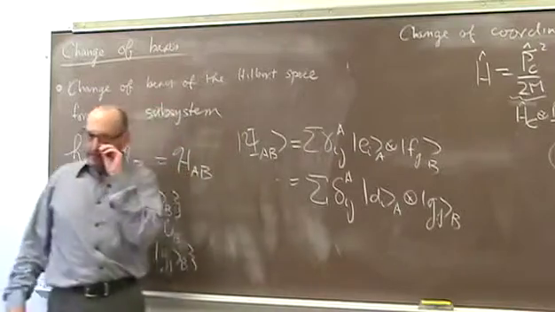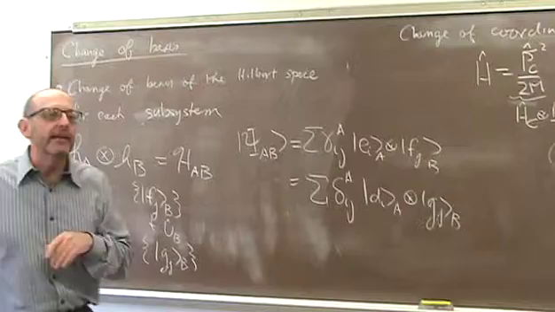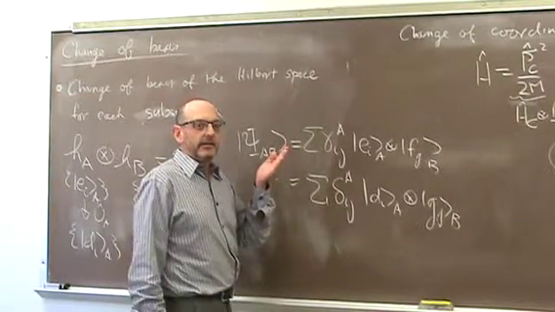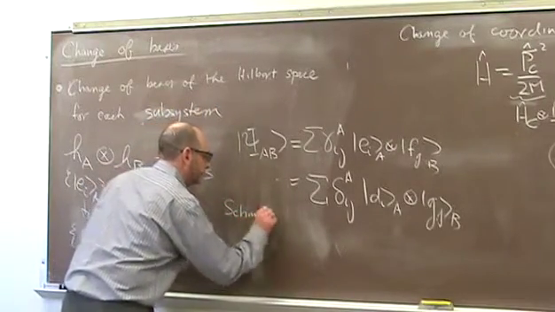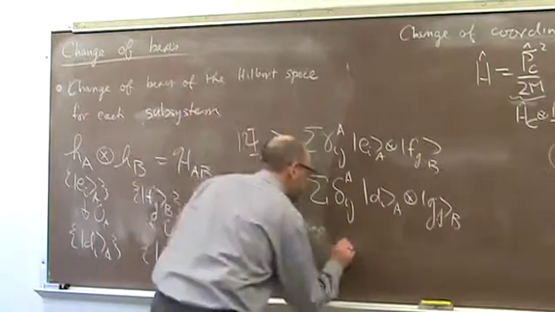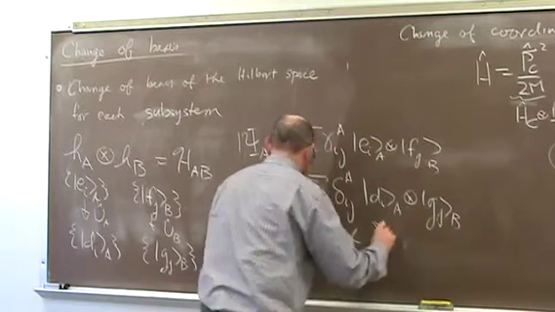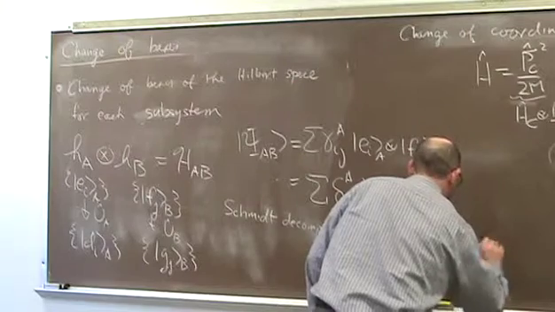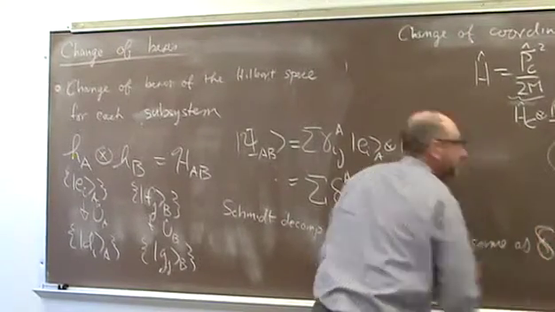So, what is true, and perhaps obvious, maybe not, is that these two states have exactly the same entanglement. Okay, that's to say the Schmidt decomposition of this matrix is the same as that one.